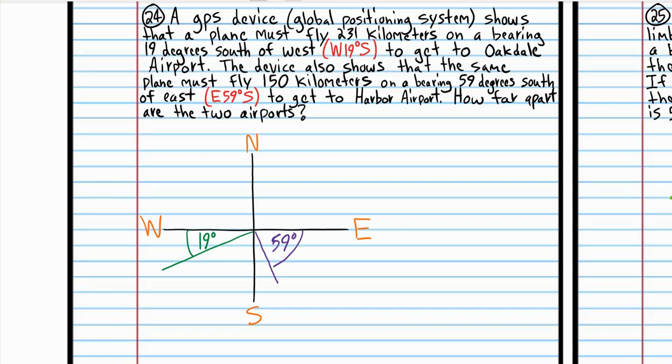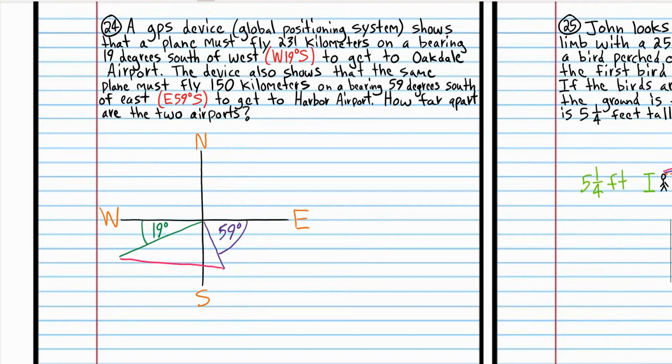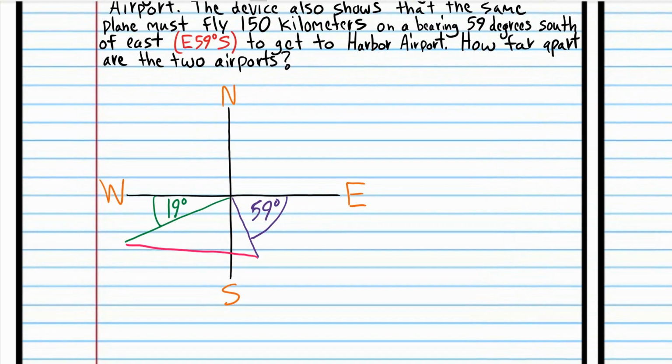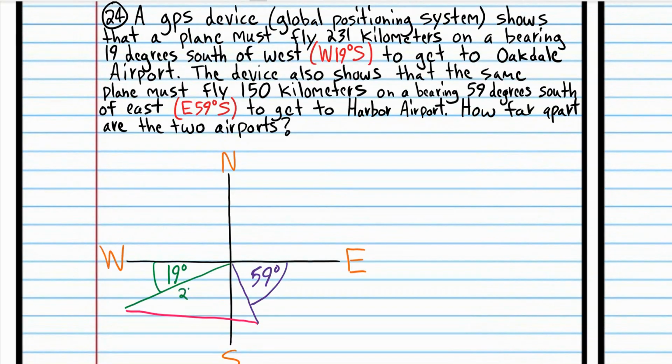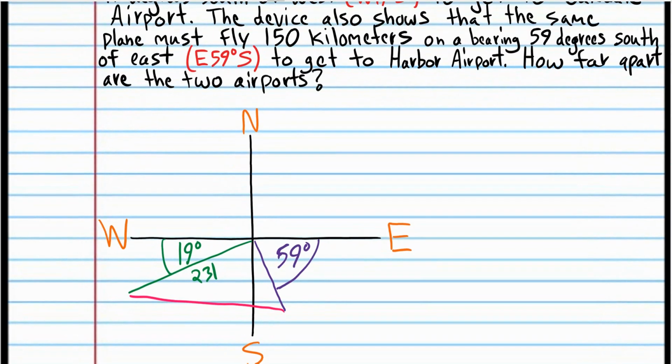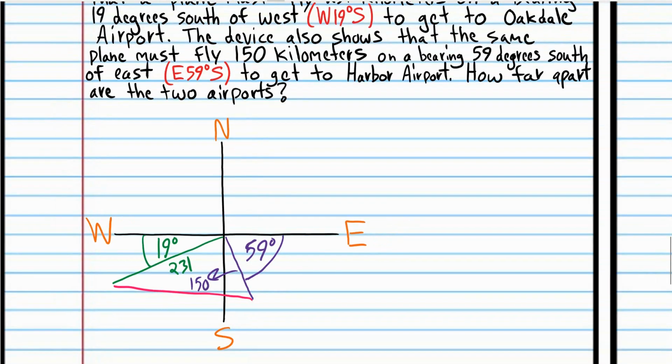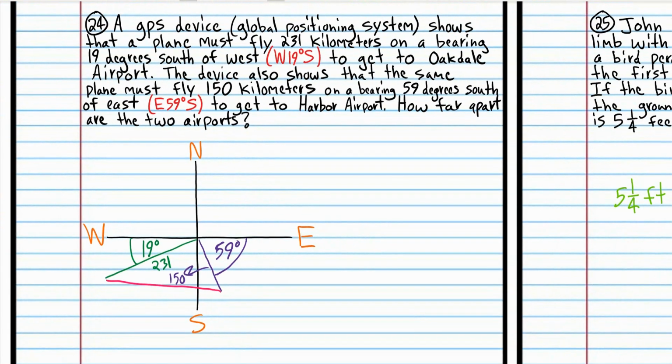And they want to know how far apart the airports are. So it's kind of hard to write all of this stuff, but we can say that this length here is 231, and this other length is 150. It's kind of sloppy there.